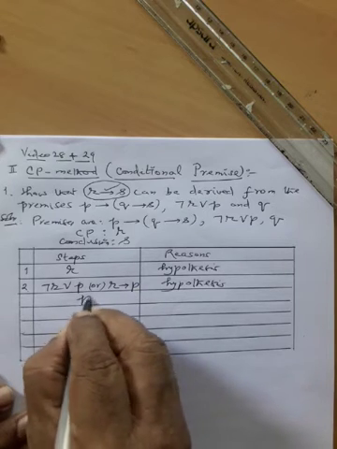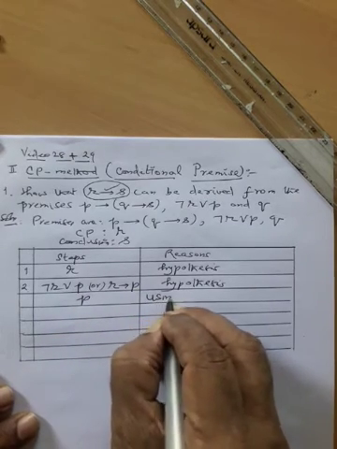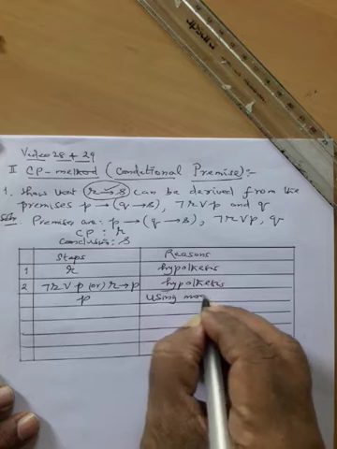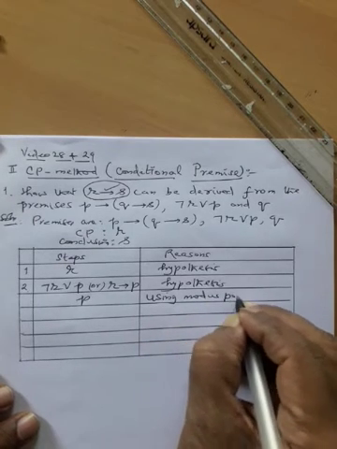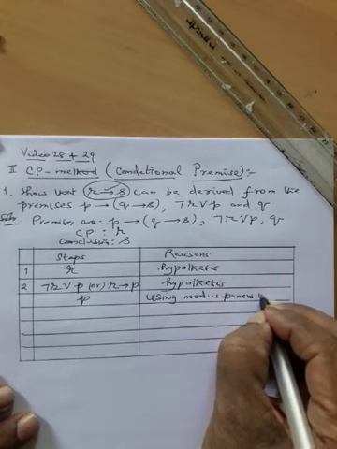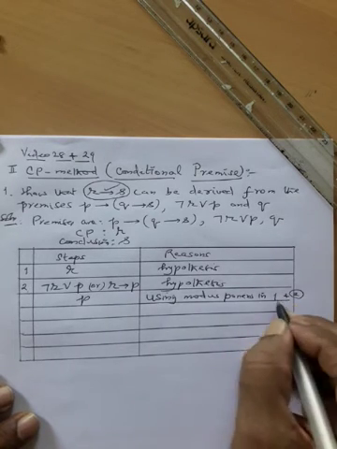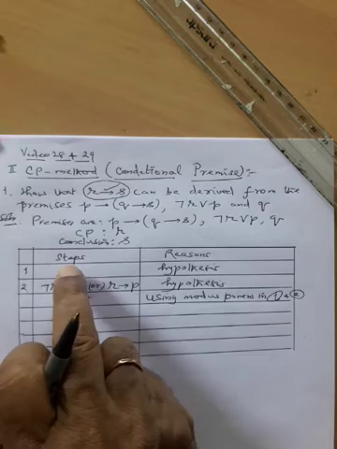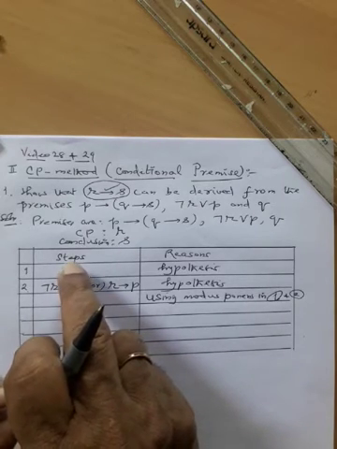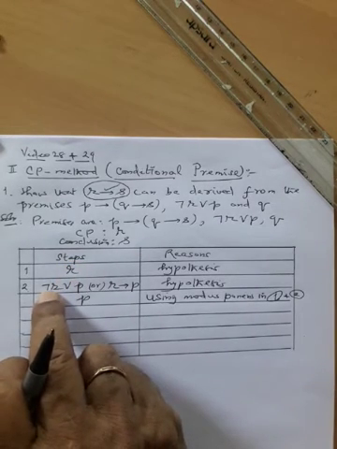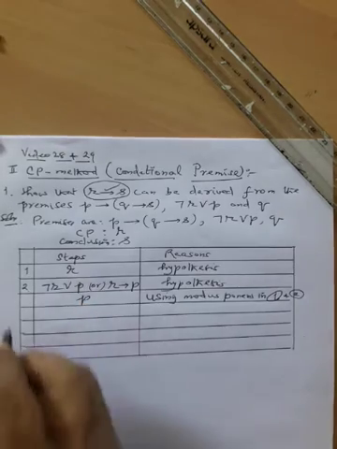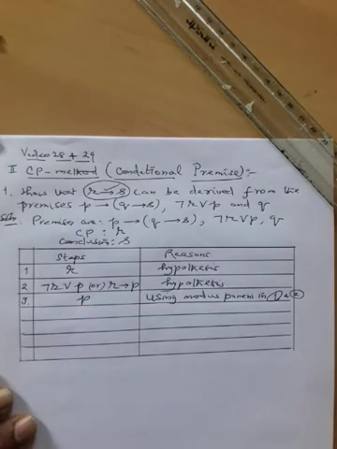Therefore the conclusion is P using modus ponens in 1 and 2. Or by the previous argument, R is there, so negation cannot come, therefore the only possibility is P. That argument also you can use.